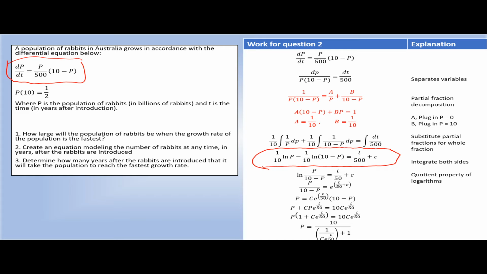I'm sorry, I didn't understand the question. Where did the 1 over p times 10... Oh, I see. On top we had dp. So this is the same thing as 1 times dp, right? Oh, okay. Okay, good question. Anything else?